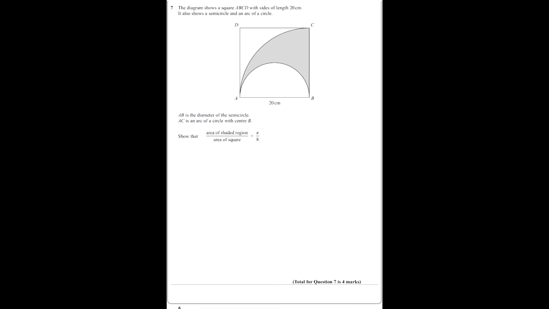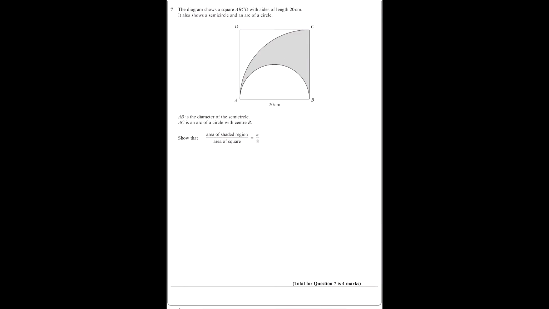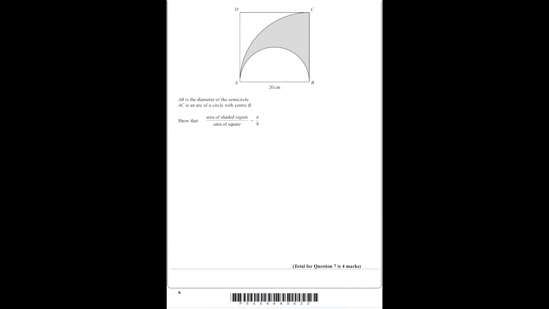So in order to do this, we can firstly decompose the different areas and see how we can create them. So area of shaded region divided by area of square.